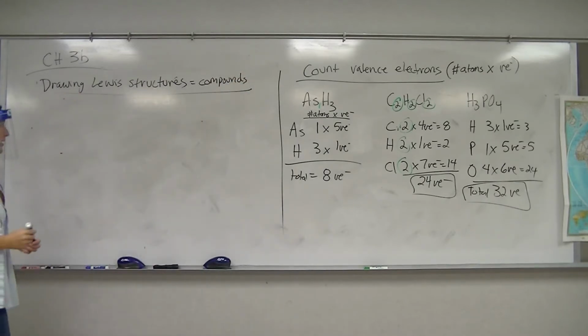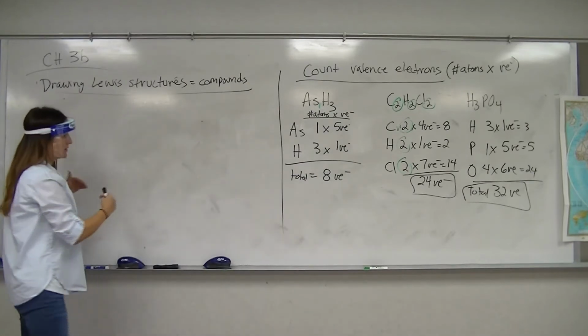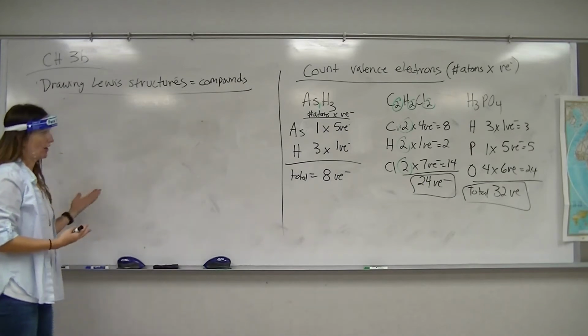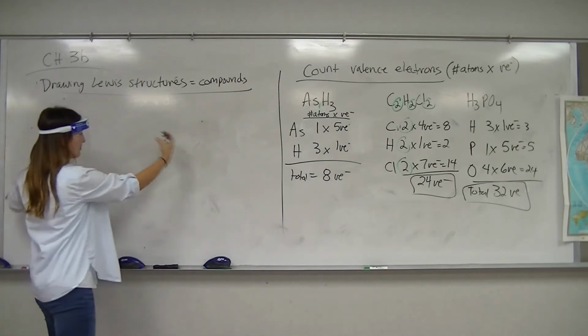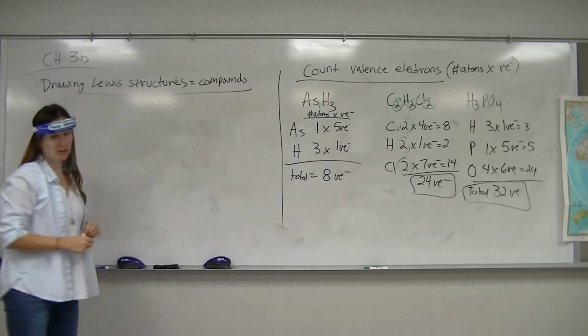We're not really going to look at ionic because with Lewis structures, we're usually showing bonds, single bonds, double bonds, triple bonds, and that's when electrons are shared. Covalent is sharing. With ionic, a lot of times, that separation of charge, you have a plus ion and a minus ion, so it wouldn't really be helpful for that.